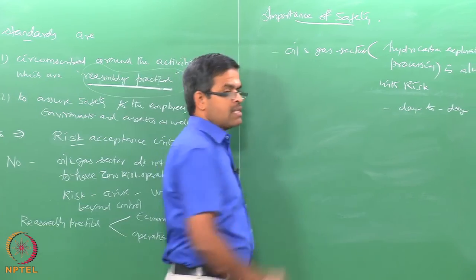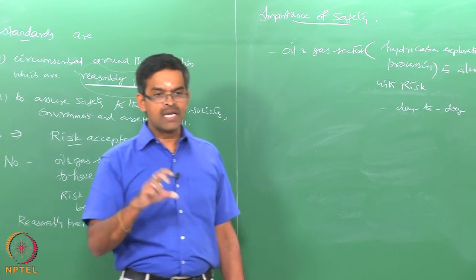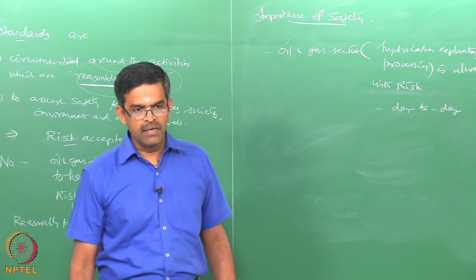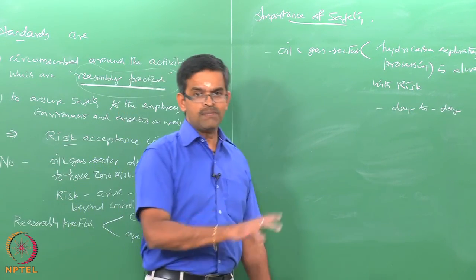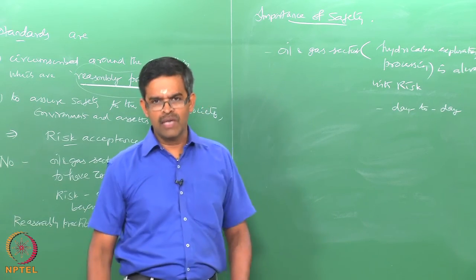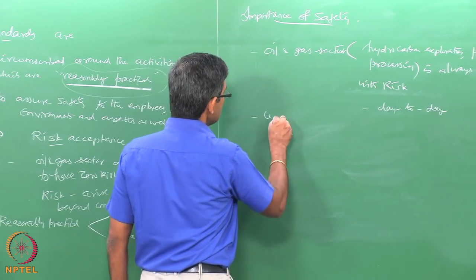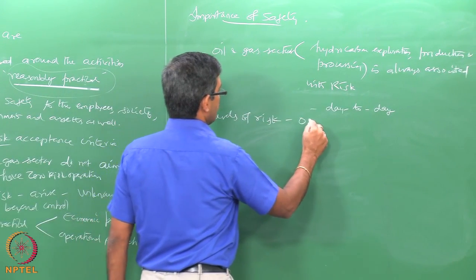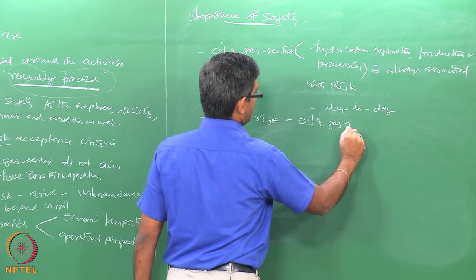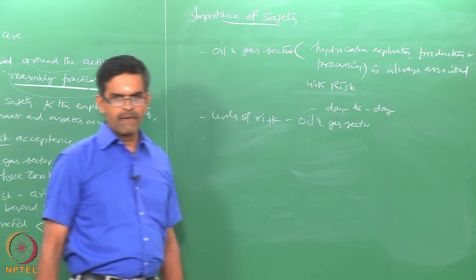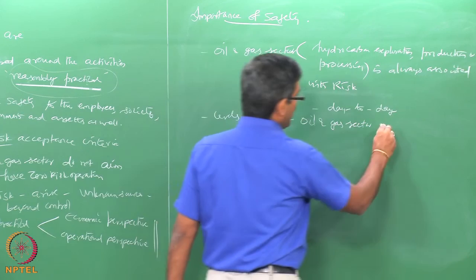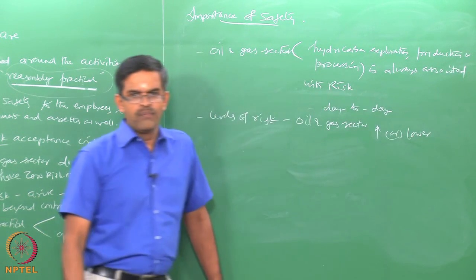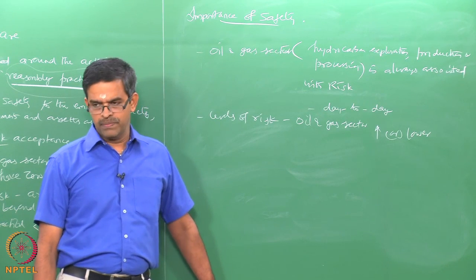It cannot be a zero risk operator. There are certain levels of acceptance of risk which is different from day to day life. Therefore, the levels of risk associated with the oil and gas sector may be higher or lower compared to the other consequences involved.